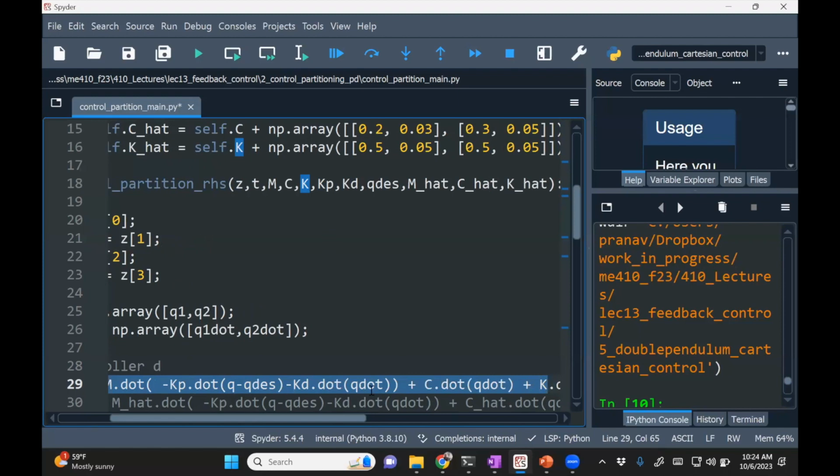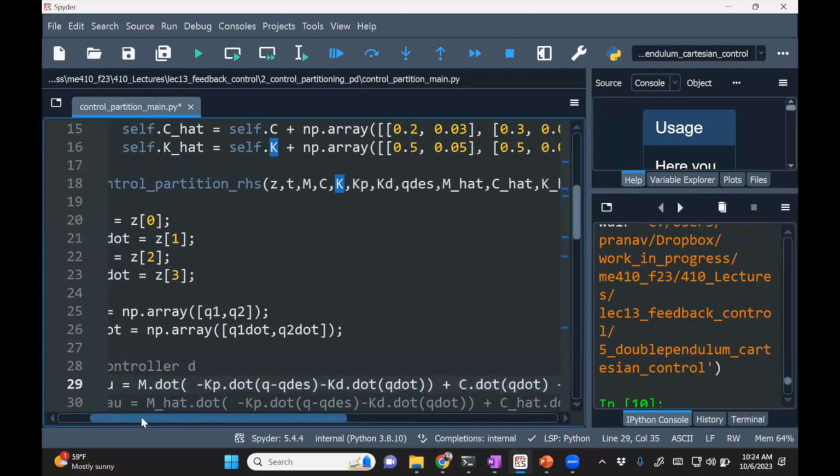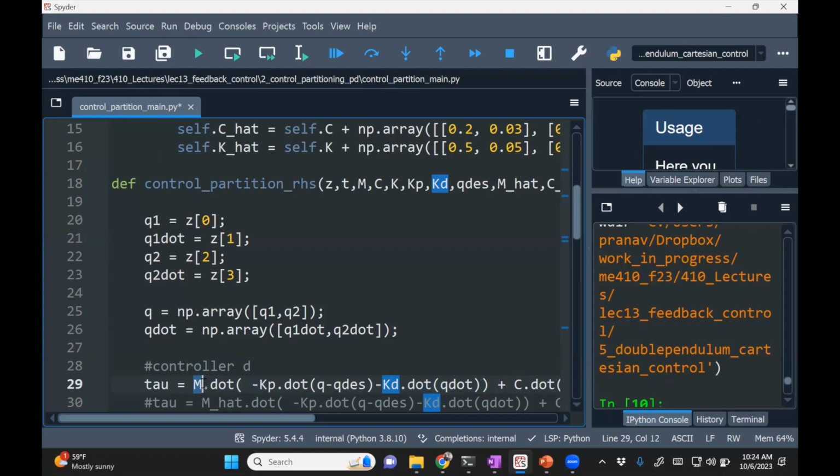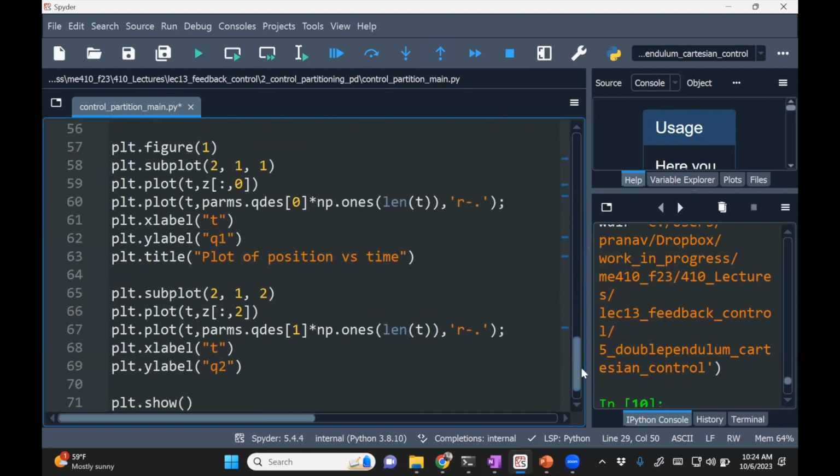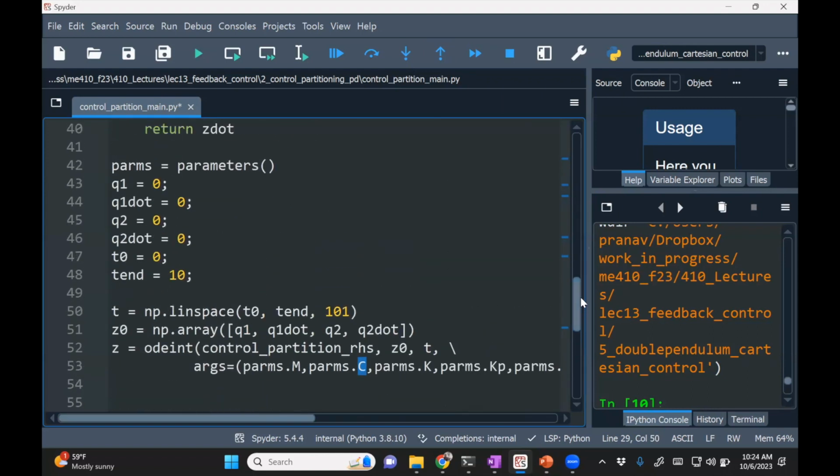I'll cancel that. This basically assumes that you have a perfect estimate of the state. So you know what M is, you know what C is, and it basically pulls the system from the 0 position.